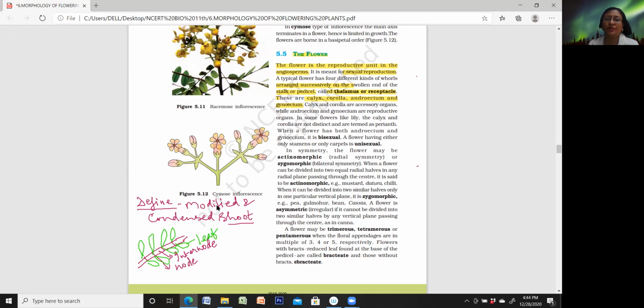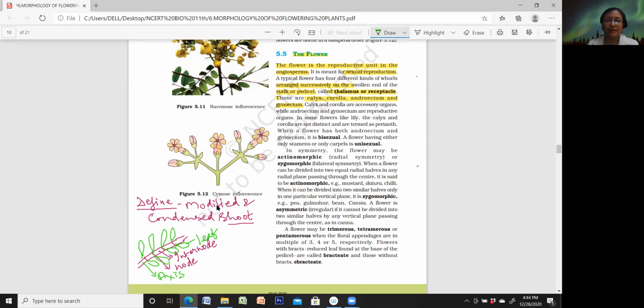Now the point is, if this is a shoot, how did it get modified and condensed to form a flower? What happened in the flower is that this axis got modified into that thalamus, which is given here as thalamus or receptacle.